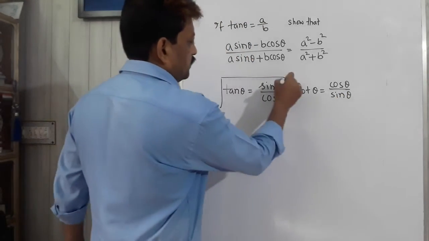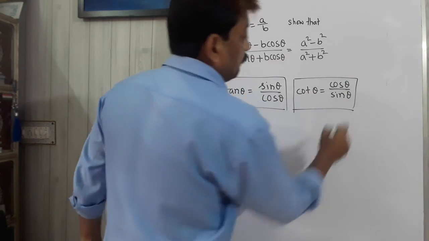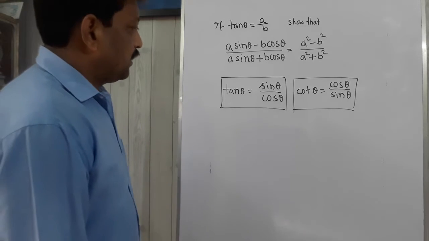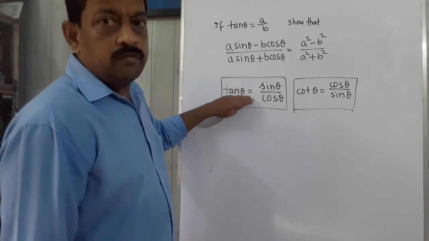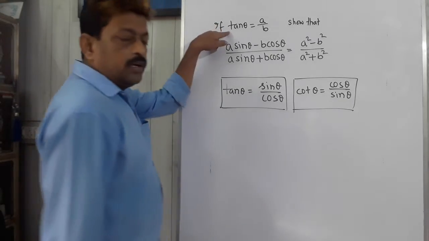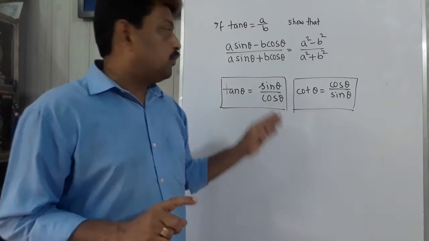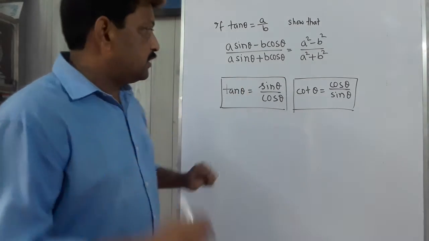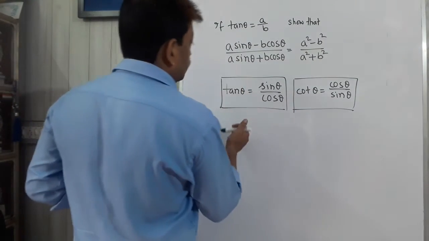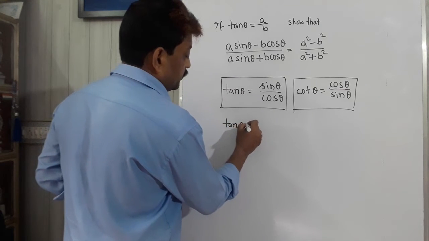So I am going to use this here. Here I am not going to draw any triangle. Without drawing the triangle, we can solve this problem. See the trick here. It is given in the question that tan theta equals a upon b.